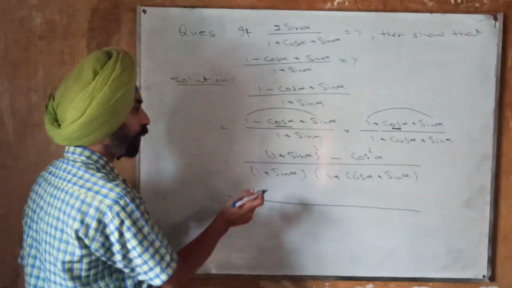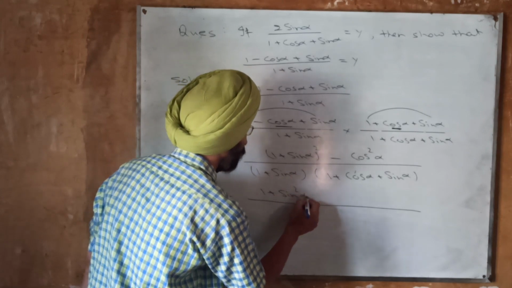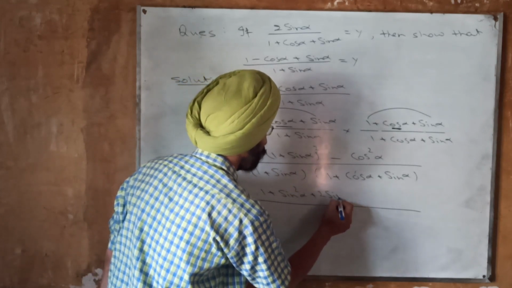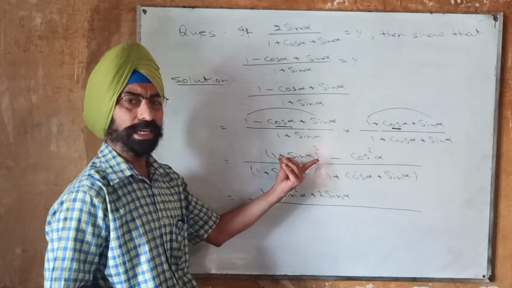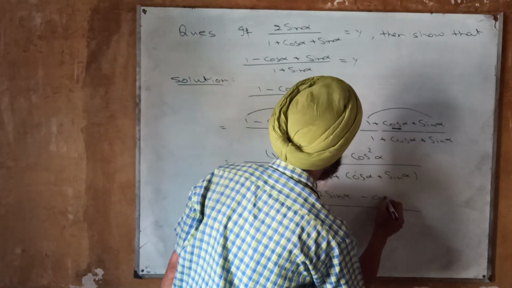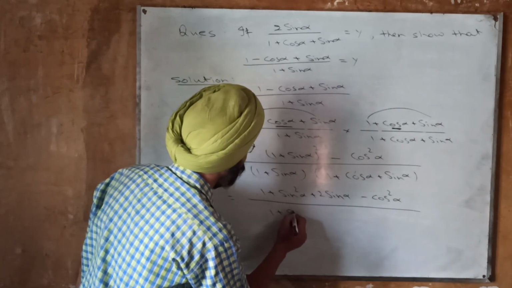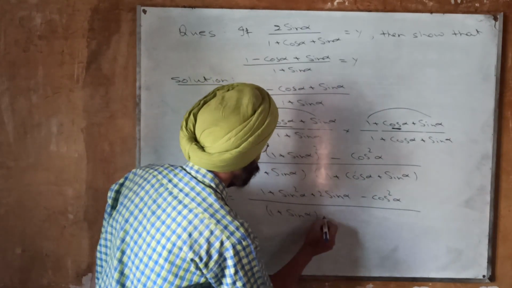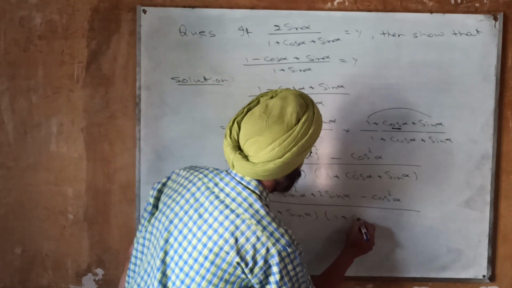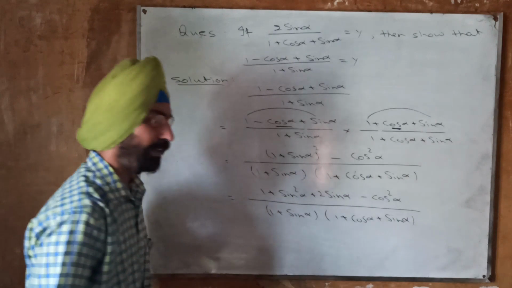In the next step what you are going to get is 1 plus sin square alpha plus 2 sin alpha. That is a square plus b square plus 2ab, and this is minus cos square alpha divided by 1 plus sin alpha into 1 plus cos alpha plus sin alpha.